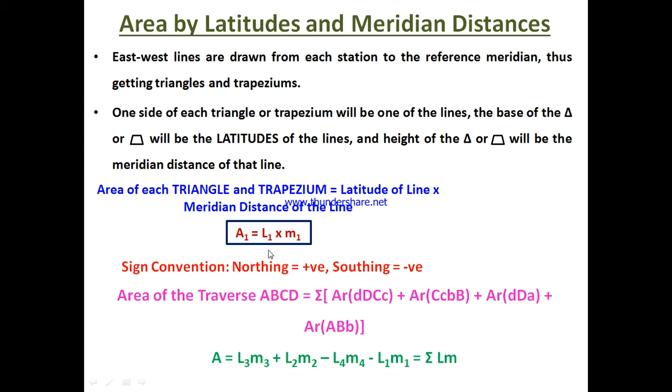Now area will always be equal to the latitude of that line into the meridian distance of that particular line.